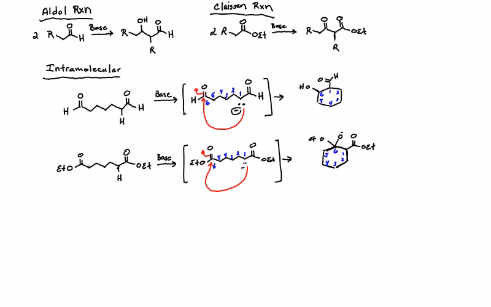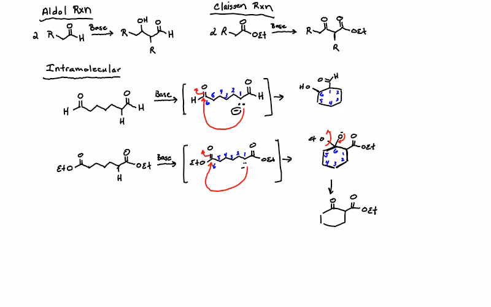And what winds up happening here is that negative charge can then collapse back down, and we expel the ethoxy group. And what we're left with is a compound that looks like this. Okay, and that provides us with a beta keto cyclic ester.